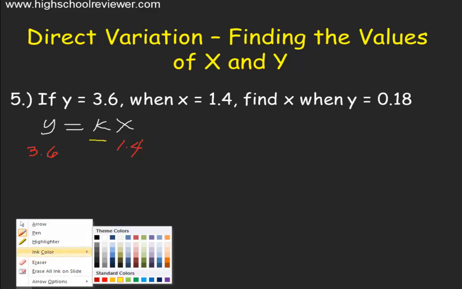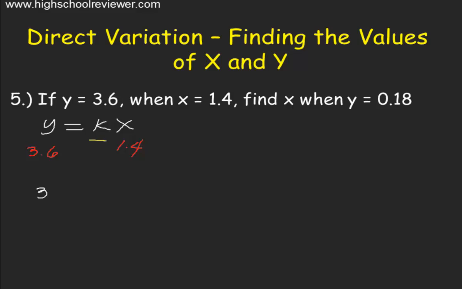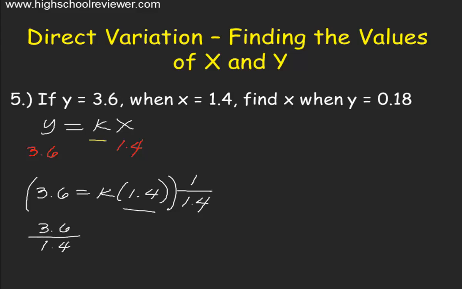To solve for k, we have 3.6 equals k multiplied by 1.4. We need to cancel out 1.4, so divide both sides of the equation by 1.4. So 3.6 over 1.4 equals k times 1.4 over 1.4. 1.4 divided by 1.4 is positive 1.